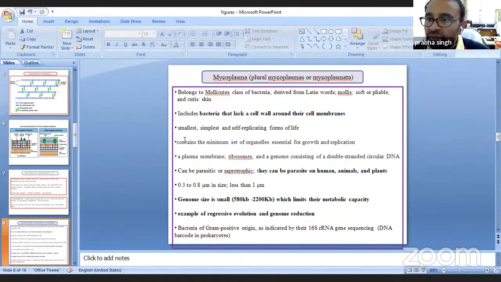We know that all living forms have genetic material and most of us have DNA as a genetic material, but there are exceptions. The most common exception is the viruses, because they have either RNA or DNA as a genetic material. So this DNA barcode, kya hai, is a way of differentiating one organism, one species from another species.